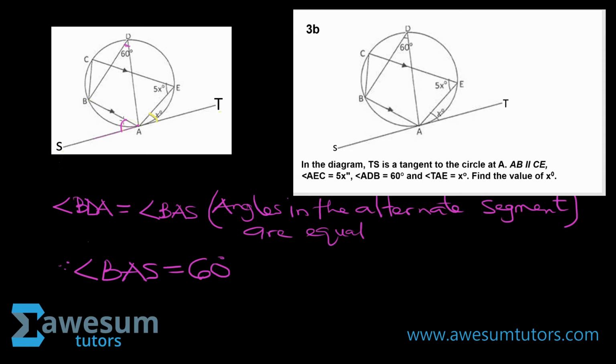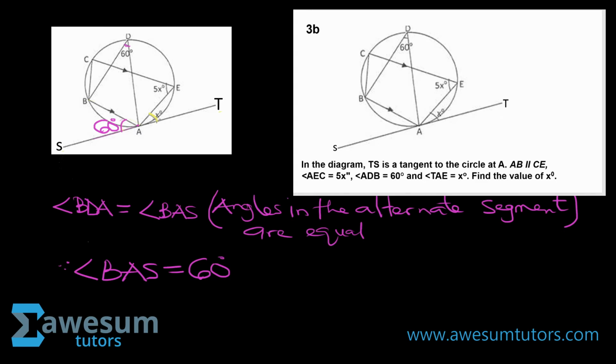Very good. So that means this angle right here is 60 degrees. I hope you get that right now. Angles in the alternate segment are equal. So this angle 60 right here is the same thing as this angle 60 right here.